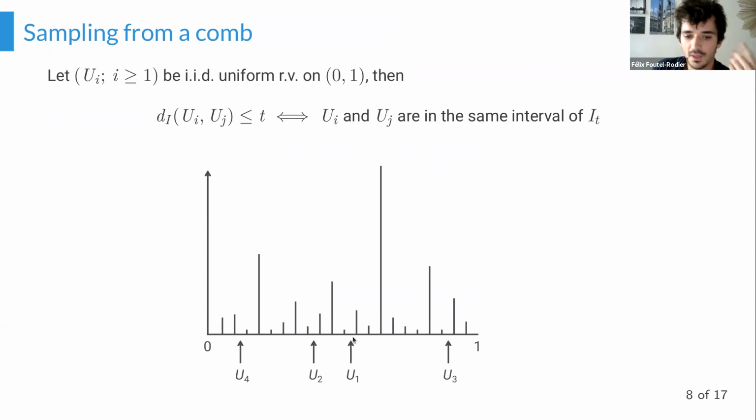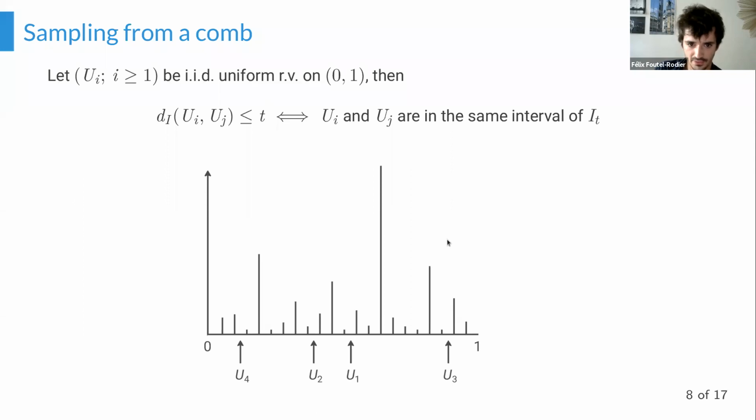And now if you recall that the distance between two points is just the size of the largest tooth between these two points, then you can show that this equivalence holds, which is that for two points to be at a distance smaller than t, it is sufficient and necessary that they lie in the same interval of the corresponding open subset.